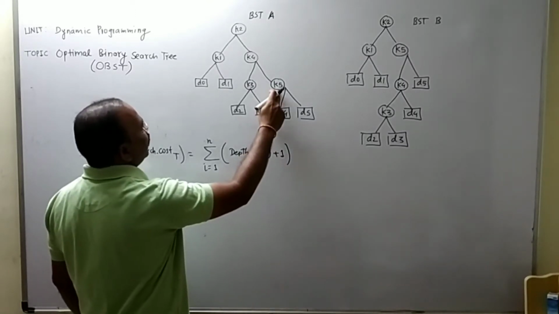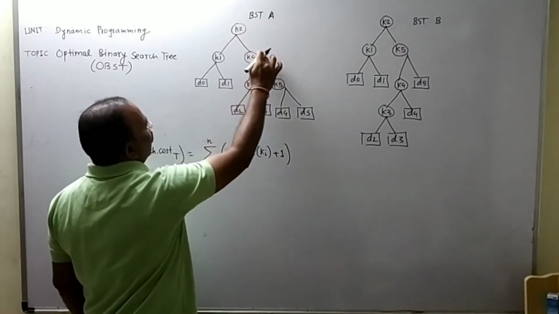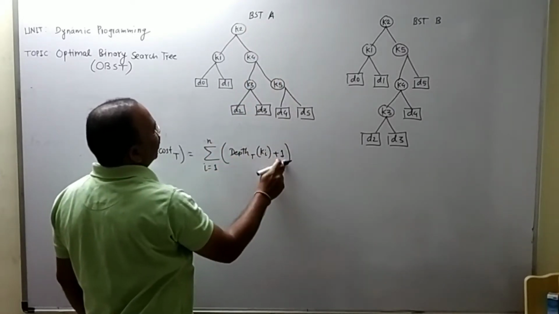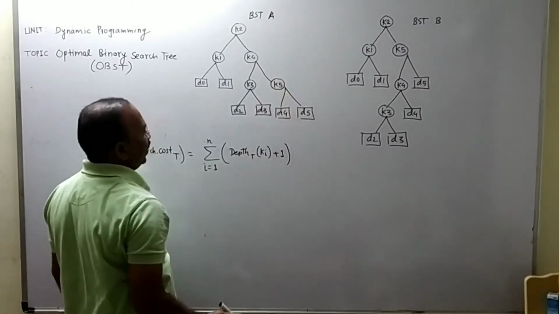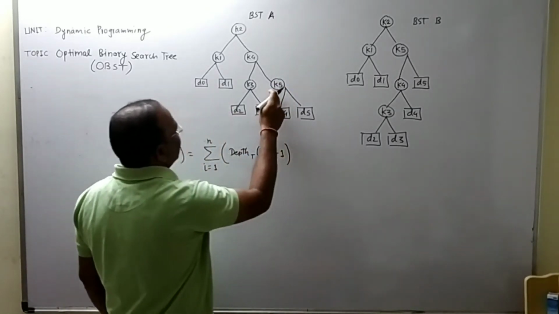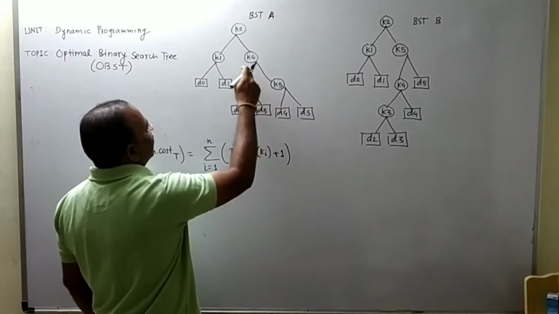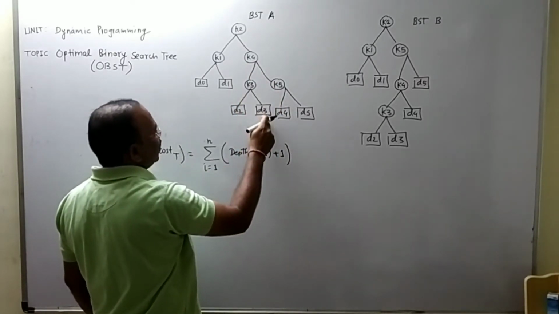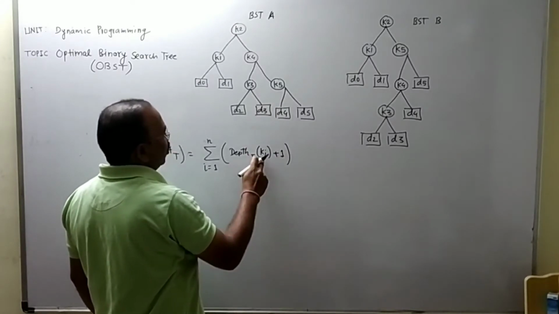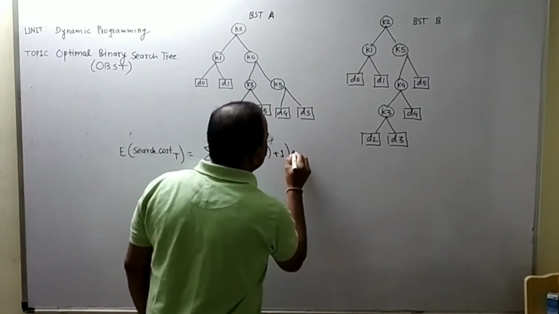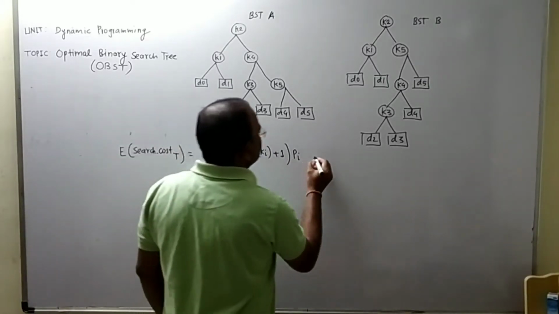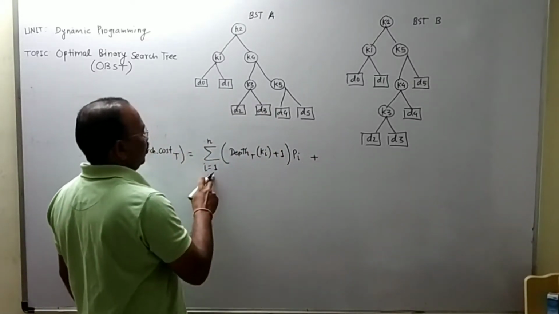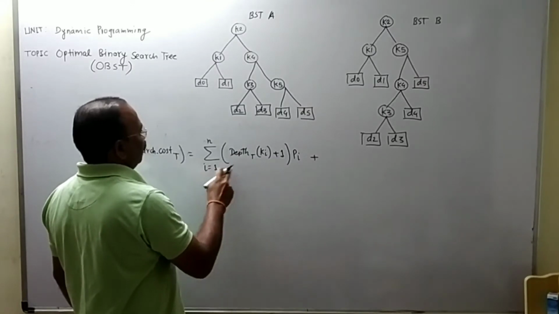Suppose K5 and the depth of K5 is 2, that is 0, 1, 2, so 2 plus 1 means the third node. And for each and every key, actual keys or dummy keys, probabilities are assigned. For the actual keys, Pi is the probability assigned.